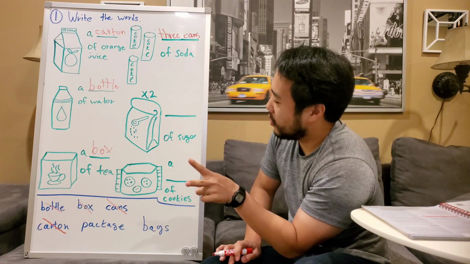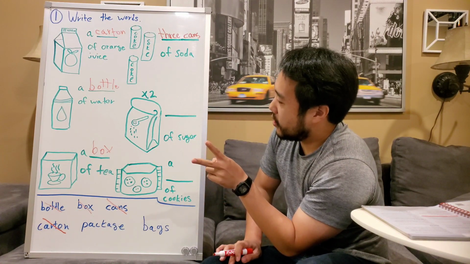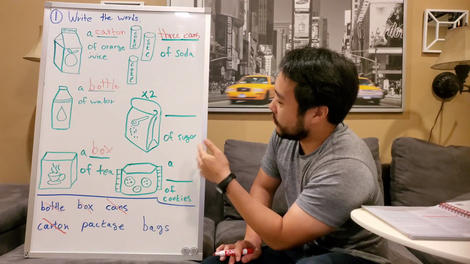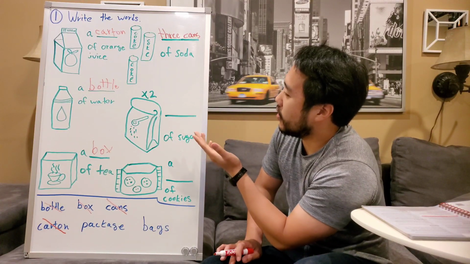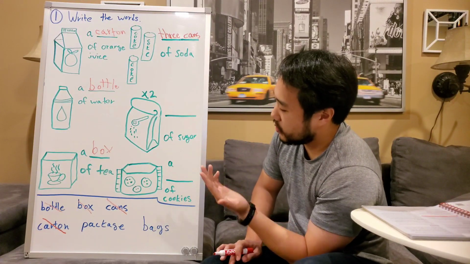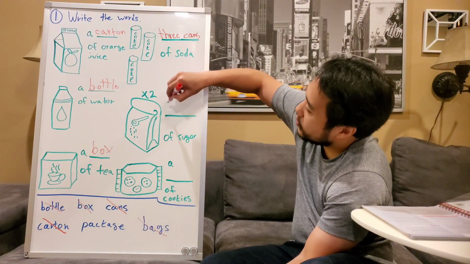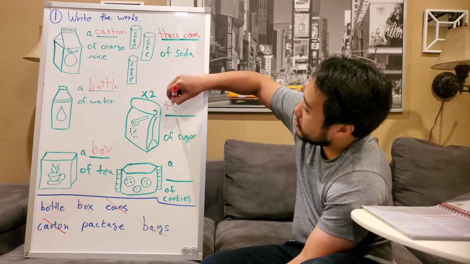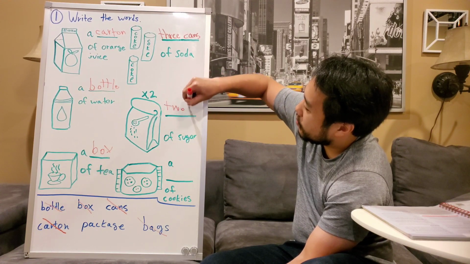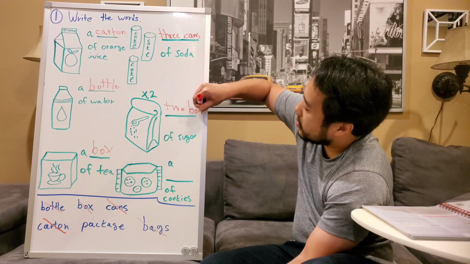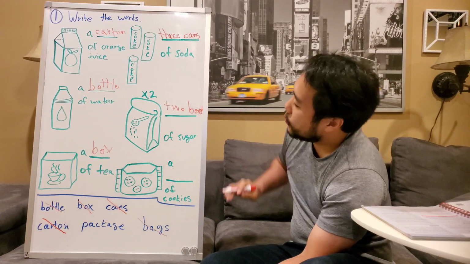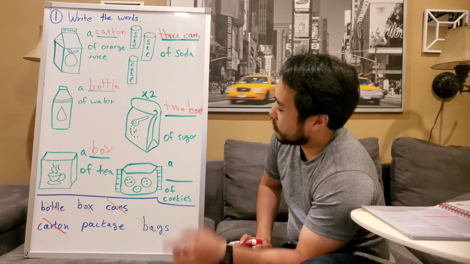So there are 2 items of sugar, and the measuring unit that we need to use is bags. So 2 bags of sugar.